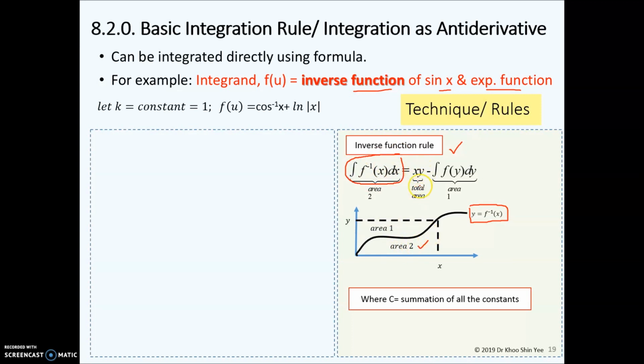The total area is x multiplied by y. So this is your total area xy, and if you're able to find area 1, which is you integrate the y function, then you can find the inverse function. This is the technique that we use.